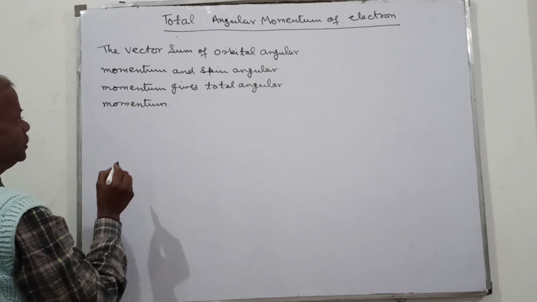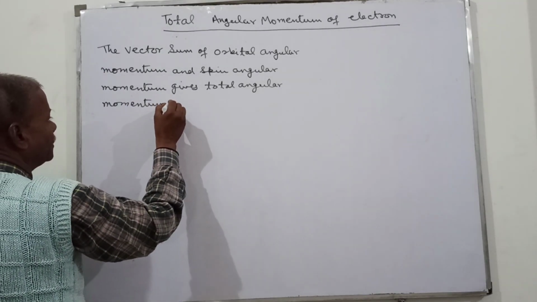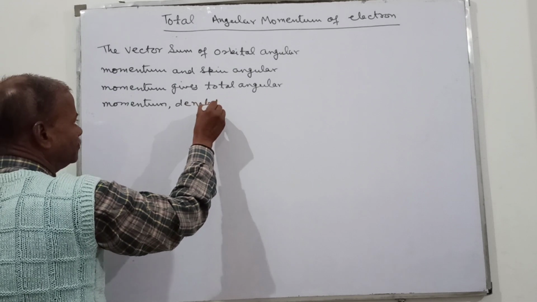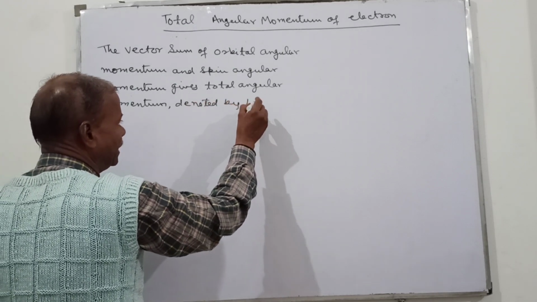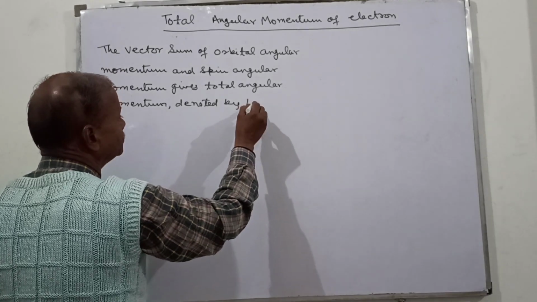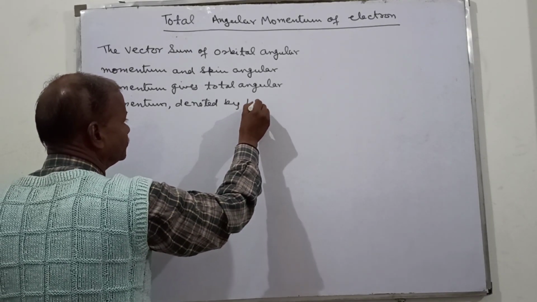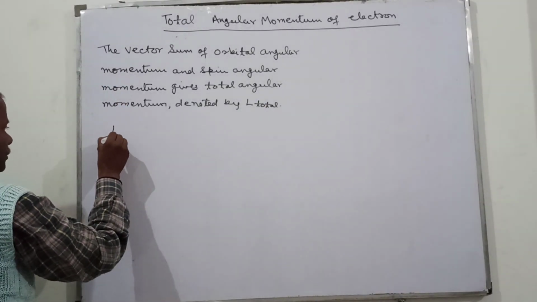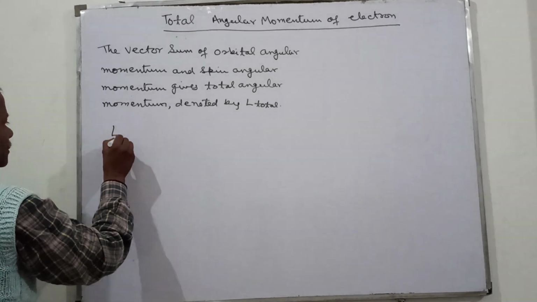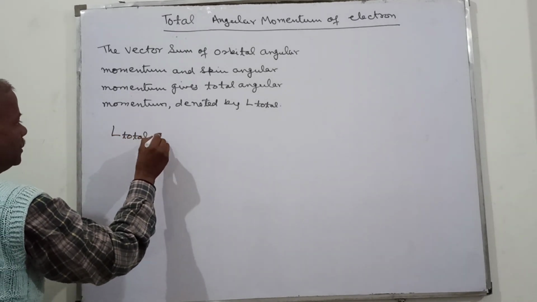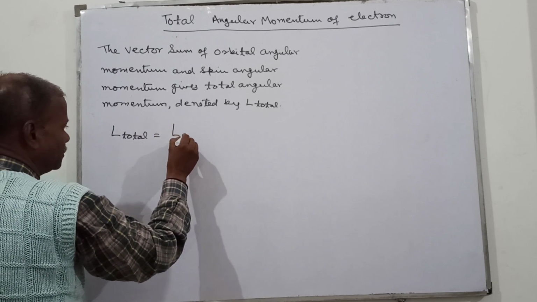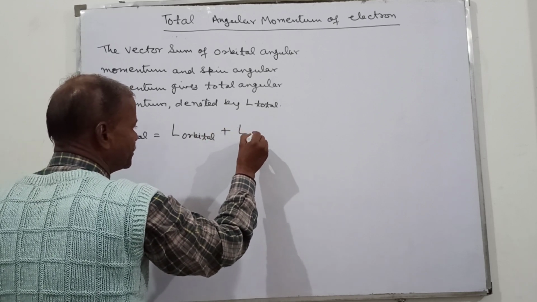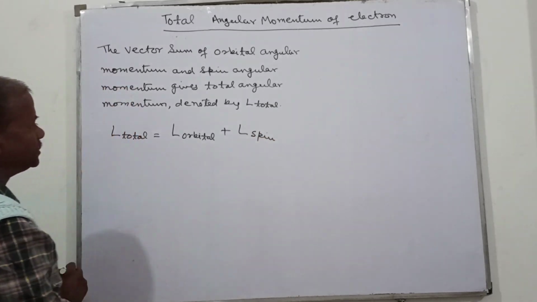Total angular momentum is denoted by L total. So this L total is equal to this L orbital plus L spin. This is the sum of these two.